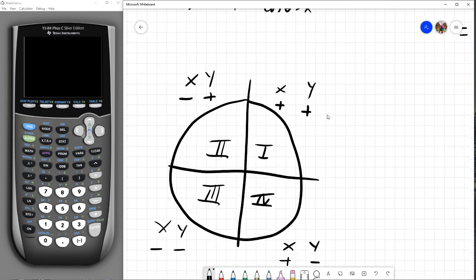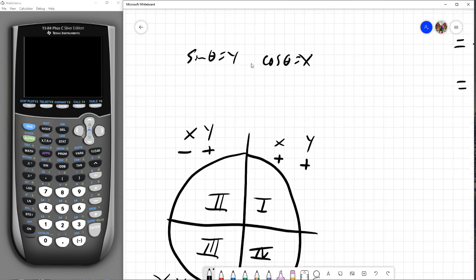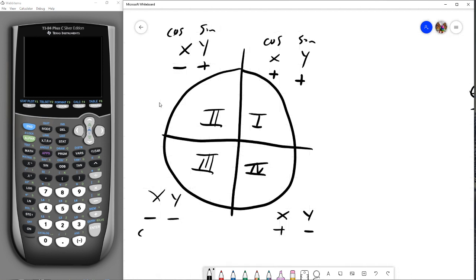This means sine and cosine will follow the same pattern for all 4 quadrants. Cosine is positive in quadrant 1, sine is positive in quadrant 1, cosine is negative in quadrant 2, sine is positive in quadrant 2. Both are negative in quadrant 3. Sine will be negative in quadrant 4, but cosine is positive.